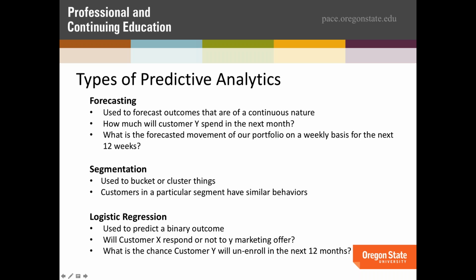We want to prevent future people from leaving. So we want to model and segment out of our current customers which are the top 10% most likely to leave. And then what do we do? Maybe we send them a, hey, I'm just thinking of you, or maybe a welcome email or something that shows them we care to try to prevent them from leaving. So segmentation plays a huge part in the business.